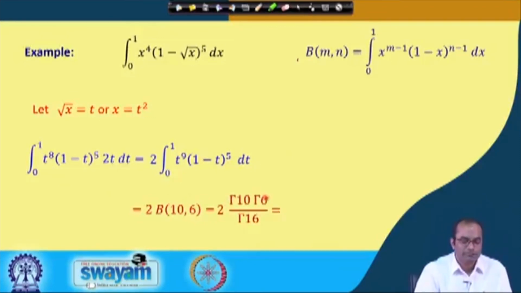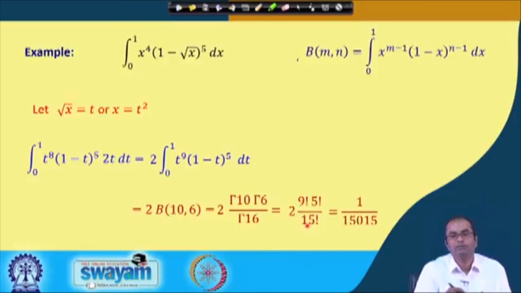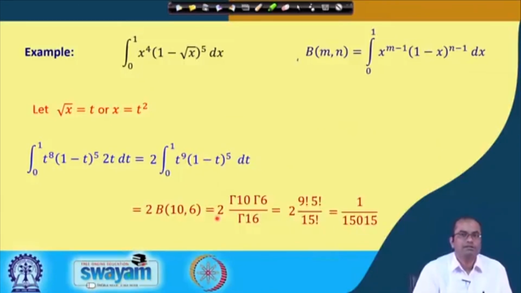So, gamma 10, gamma 6 and gamma 16, by the formula just shown before, and these gammas we can evaluate. So, this is factorial 9, factorial 5 and factorial 15, and again we can simplify this, and the number coming is 1 over 15015. So, we can evaluate several such integrals with the help of the beta function.